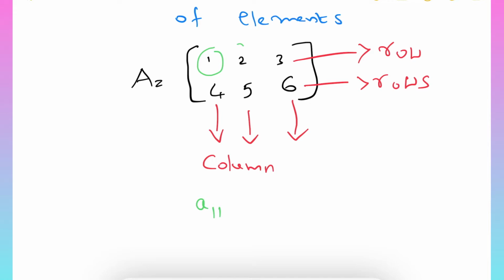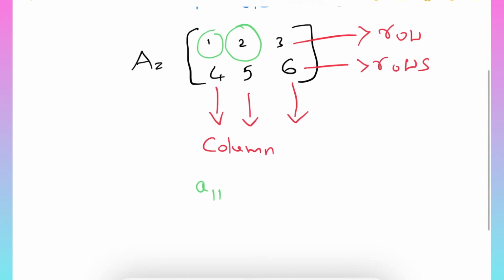Next, this one is in the first row only but in the second column, so A, first row, second column. Always the numbering should start from the row. Always the row should be first.